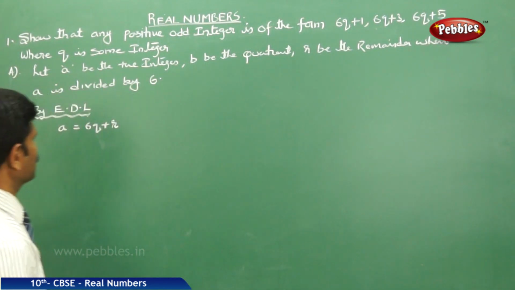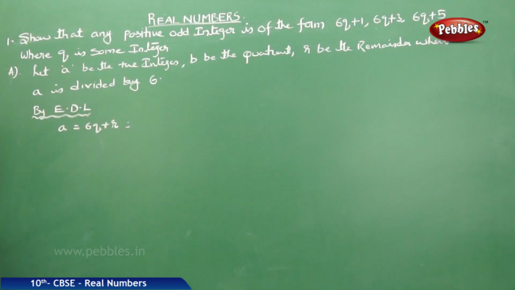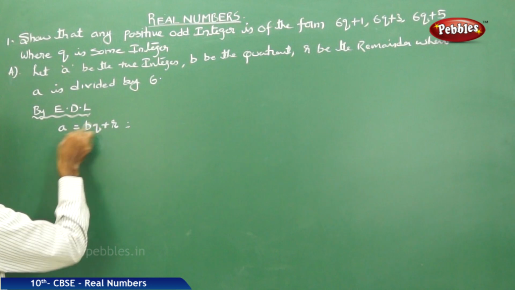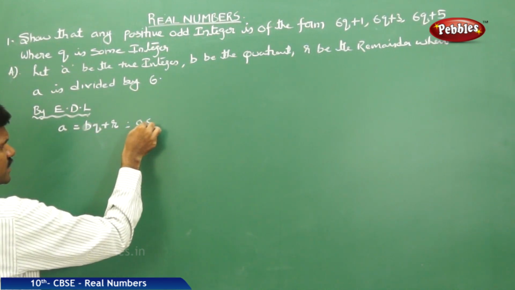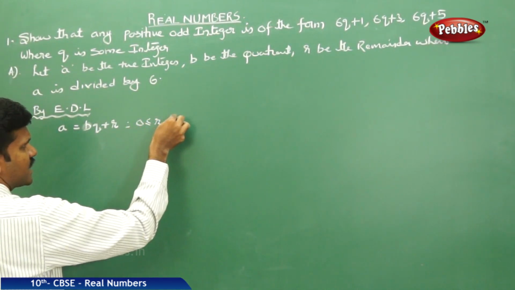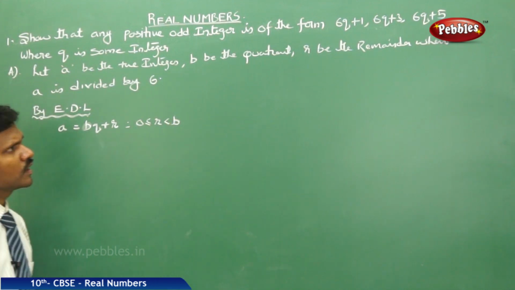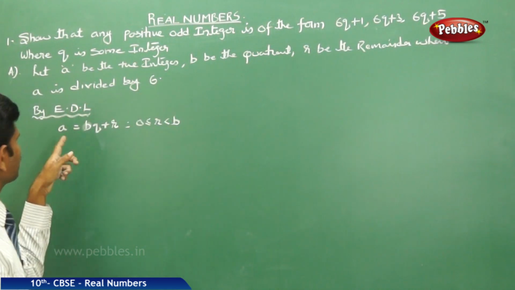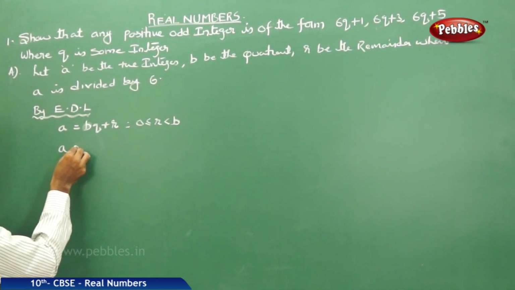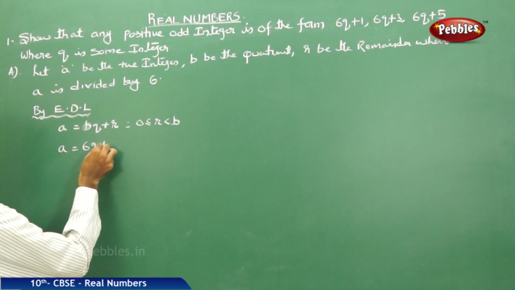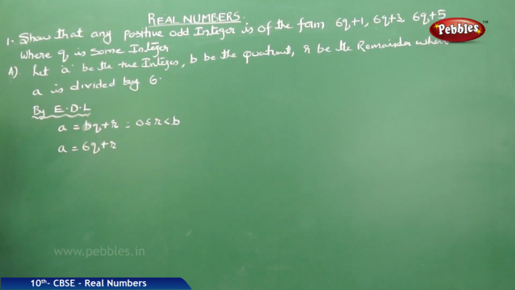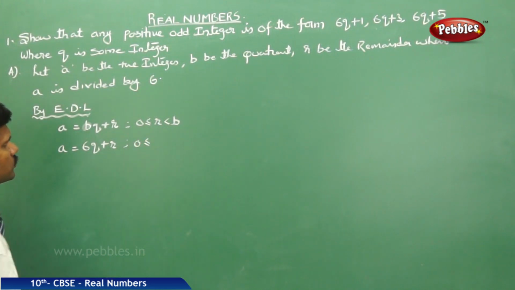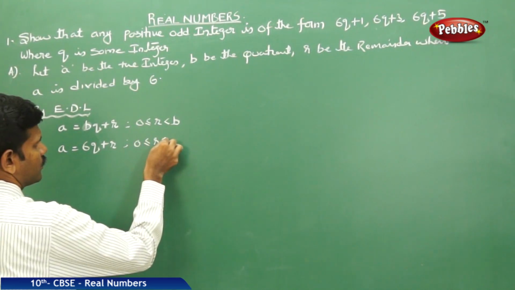Here first of all write the definition, a is equal to bq plus r, where 0 less than or equal to r less than b. Here I told that when a is divided by 6, next step a is equal to 6q plus r, that is 0 less than or equal to r less than 6.